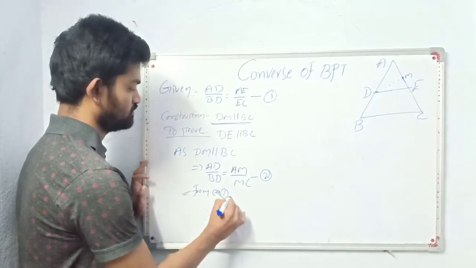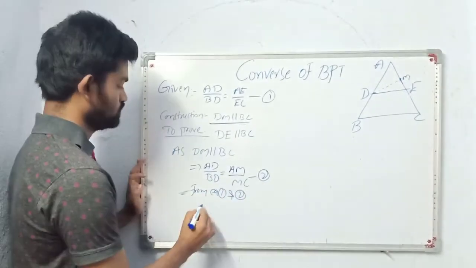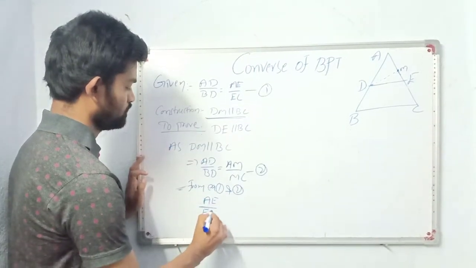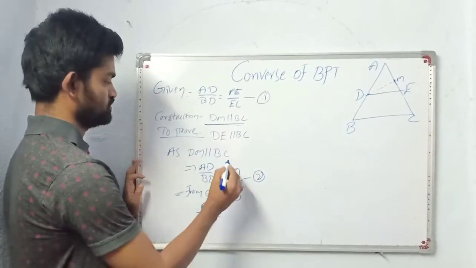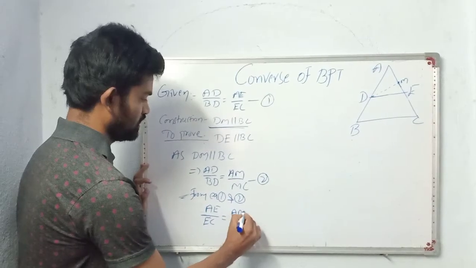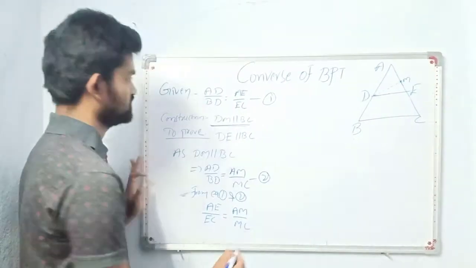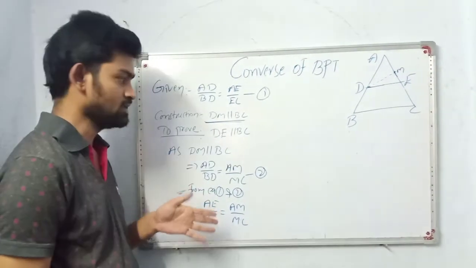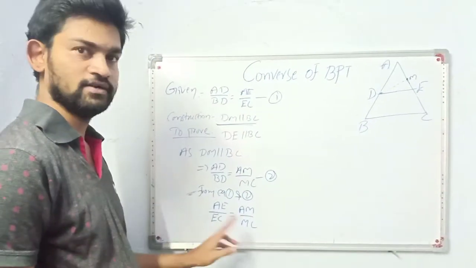From equation 1 and 2, AE by EC equals AM by MC, because the LHS are equal. Now I will add 1 on both sides.